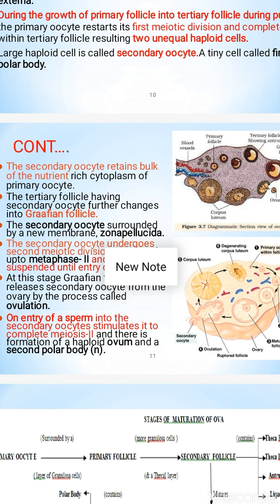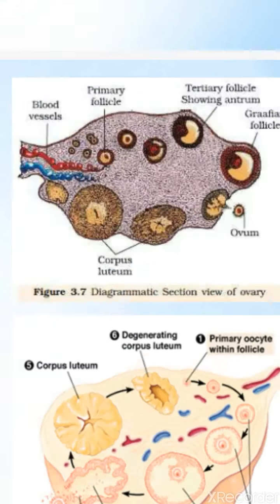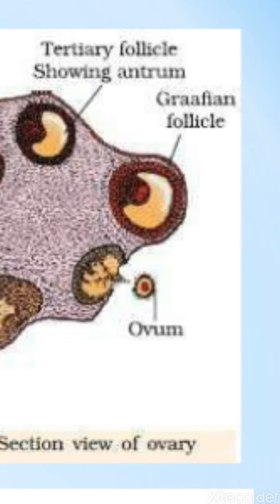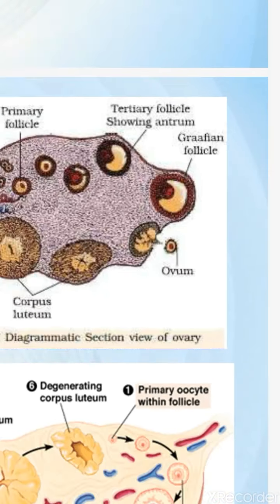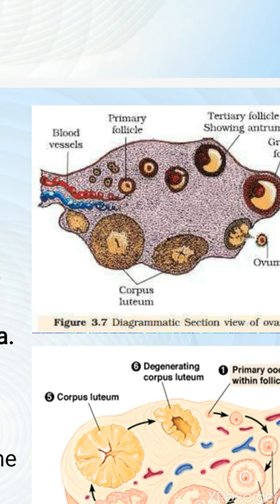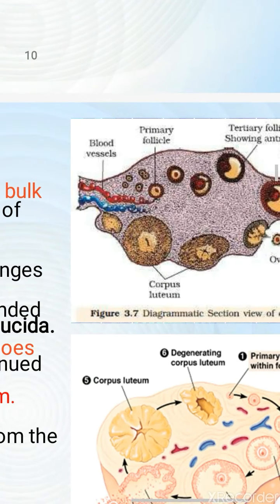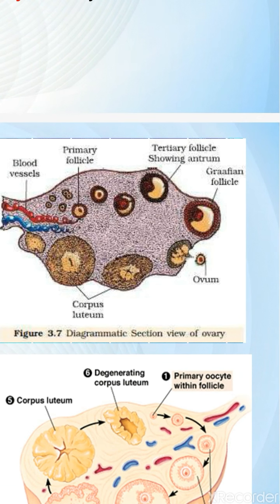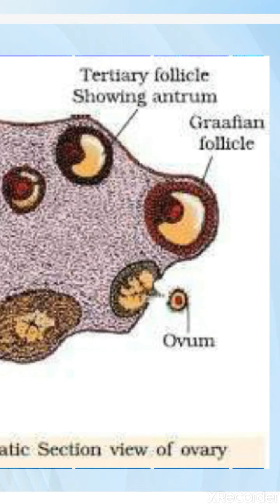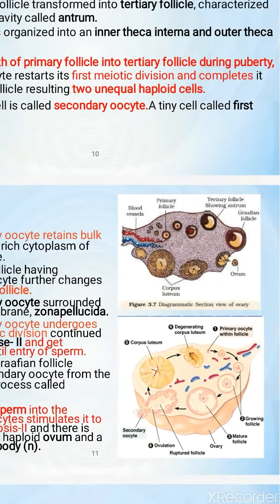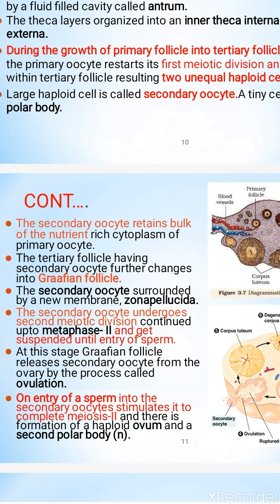It undergoes further changes and is converted into the Graafian follicle. You can see the Graafian follicle in the ovary in developing conditions: primary follicle, then secondary, then tertiary follicle, then Graafian follicle. Then the secondary oocyte is surrounded by a new membrane called the zona pellucida.